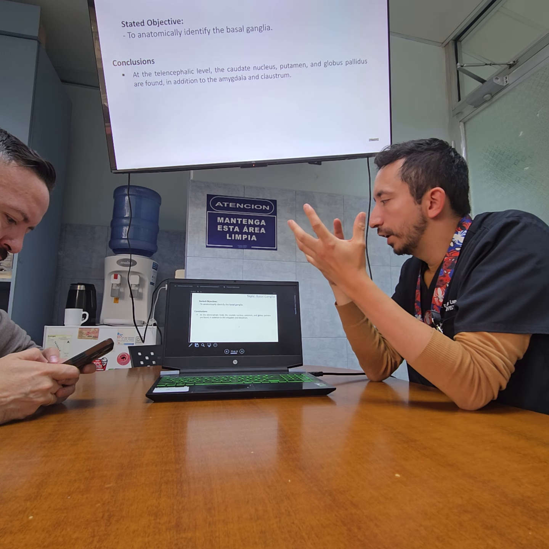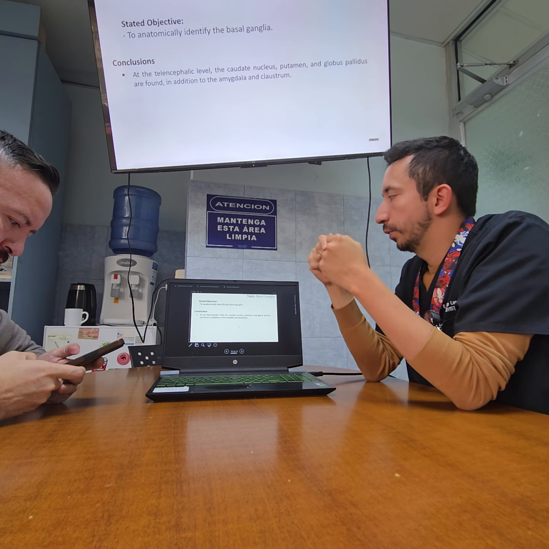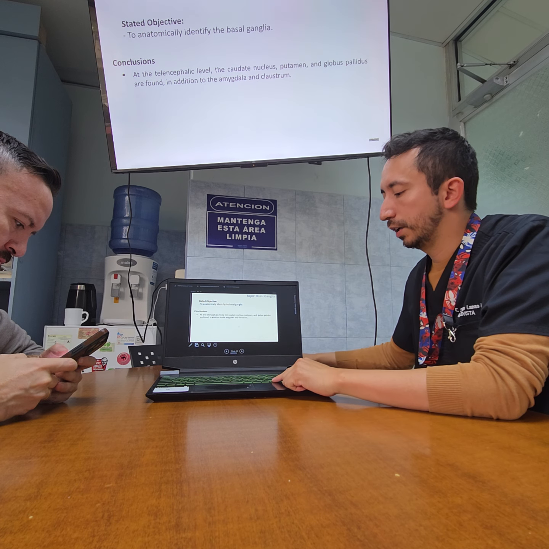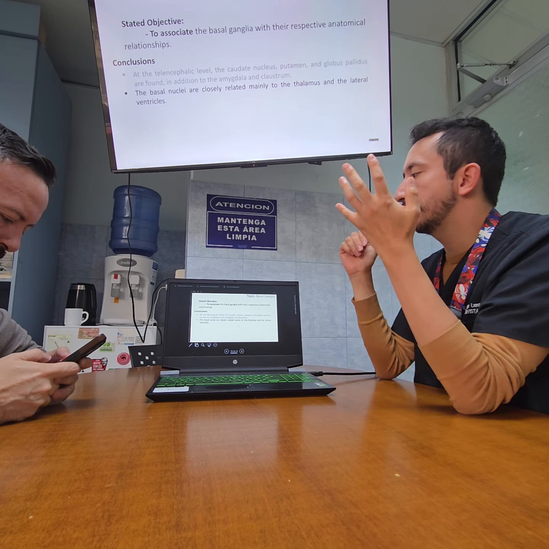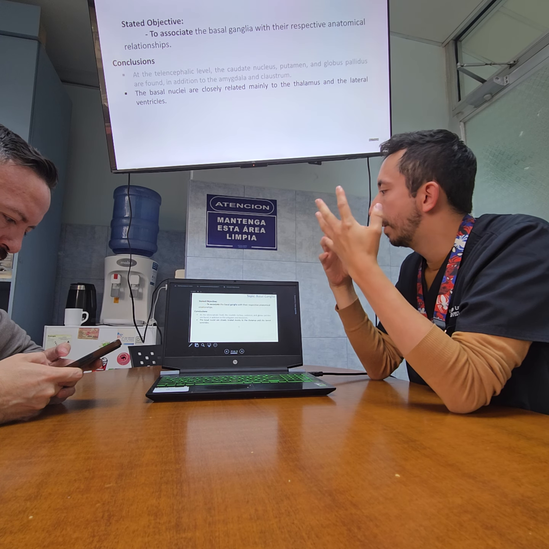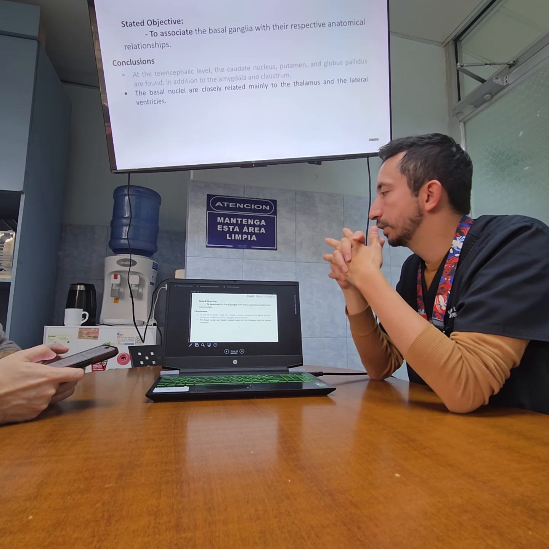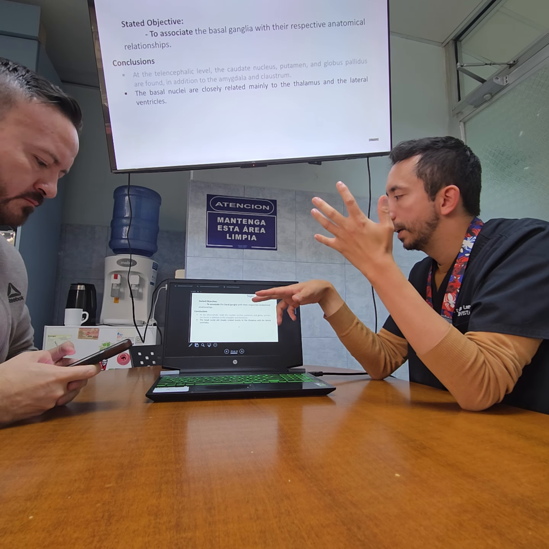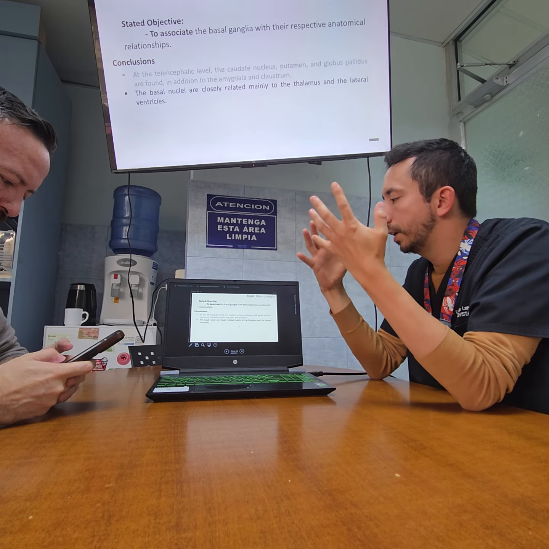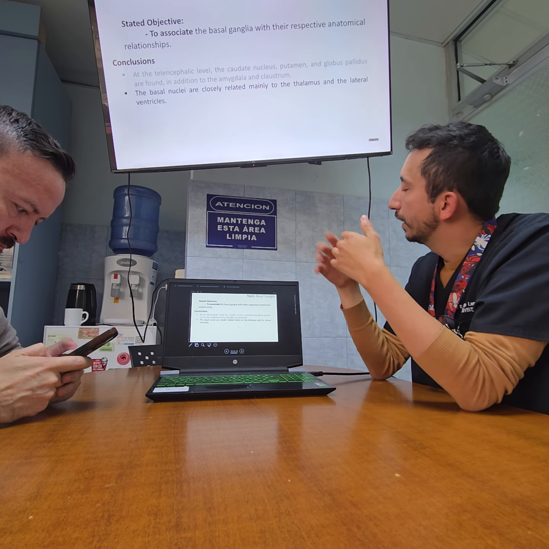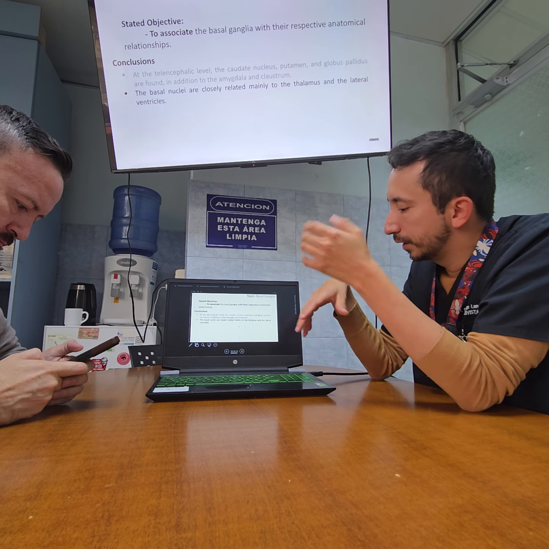In addition, we also find related structures such as the amygdala and the claustrum, which complete the anatomical organization of this region. The second conclusion: to identify the basal nuclei, it's important to understand their anatomical relationships. The structures are closely related mainly to the thalamus and the lateral ventricles, which helps explain both their location and their functional connections with the brain.